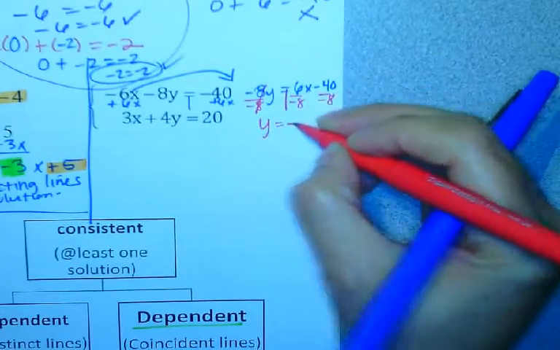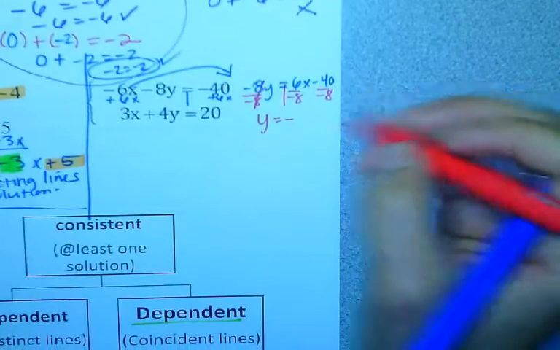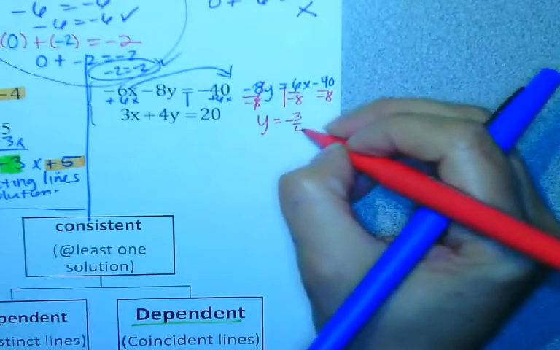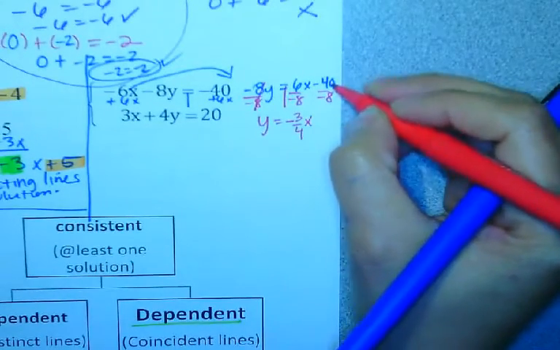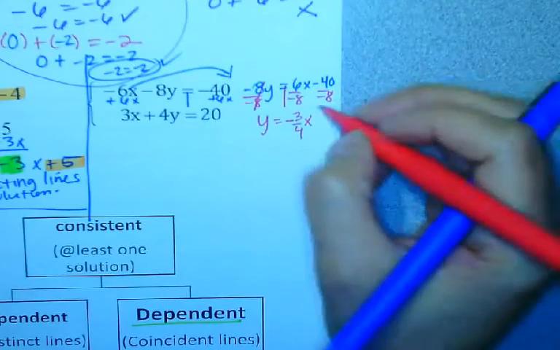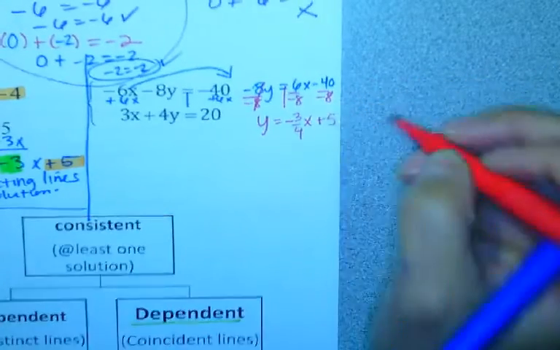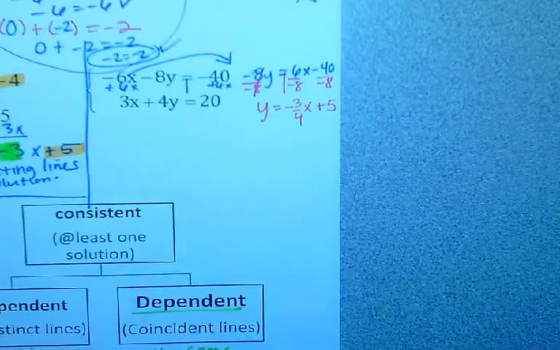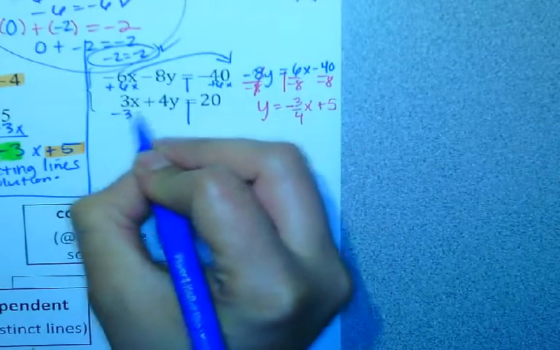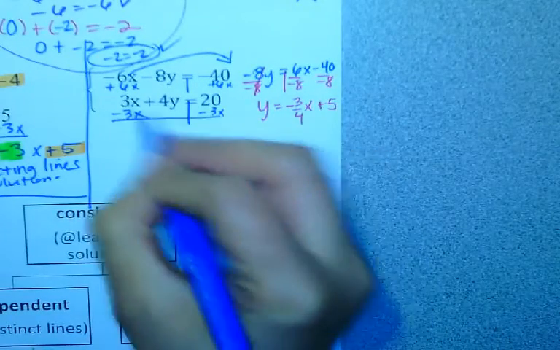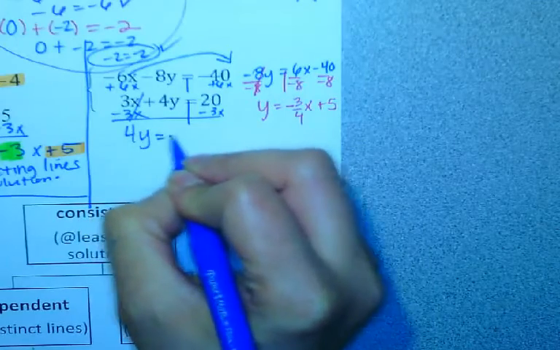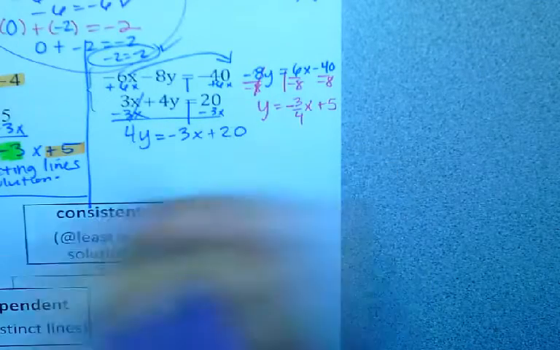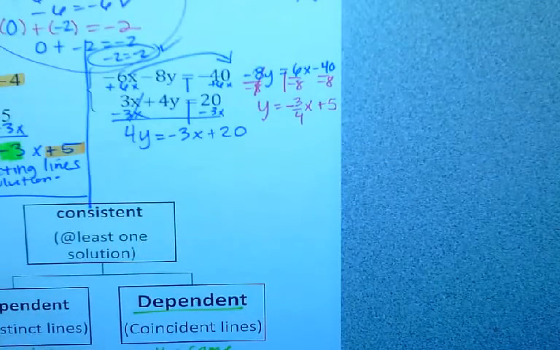I can simplify this, so it becomes negative 3/4 x, and then 40 divided by 8 would be 5. I'm going to do the same process with this one. It's 3x, by the 4.